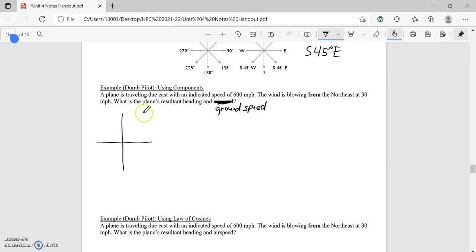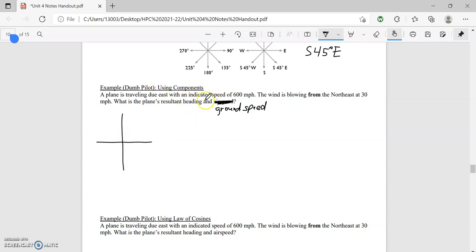I know it should say ground speed because up here it says the plane is traveling due east with an indicated speed. The indicated speed means like from inside the airplane. So again, you're the pilot looking at your speedometer, says 600 miles an hour, which is extremely high. That's probably a little too high, but we're going to have to go with it. So the airspeed is that you in the airplane. Ground speed is, again, like our first video, describing what the radar looks like after you've been affected by wind.